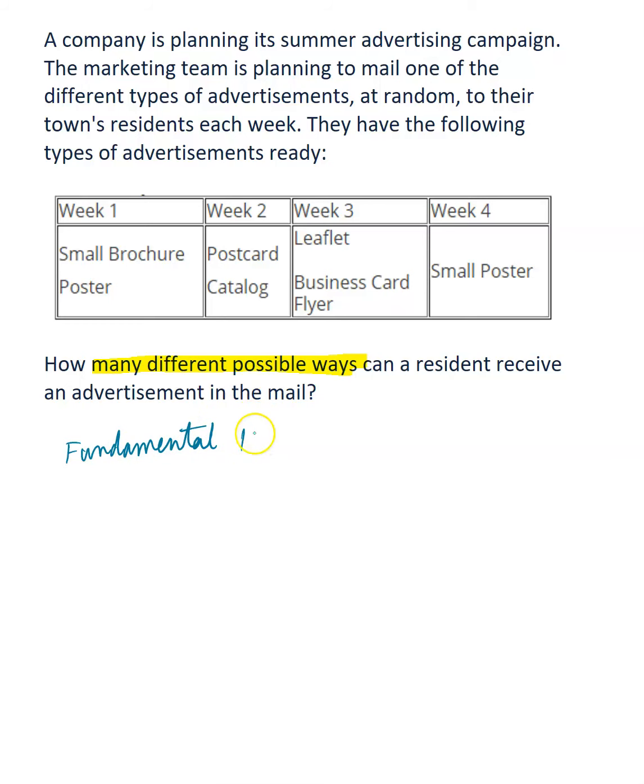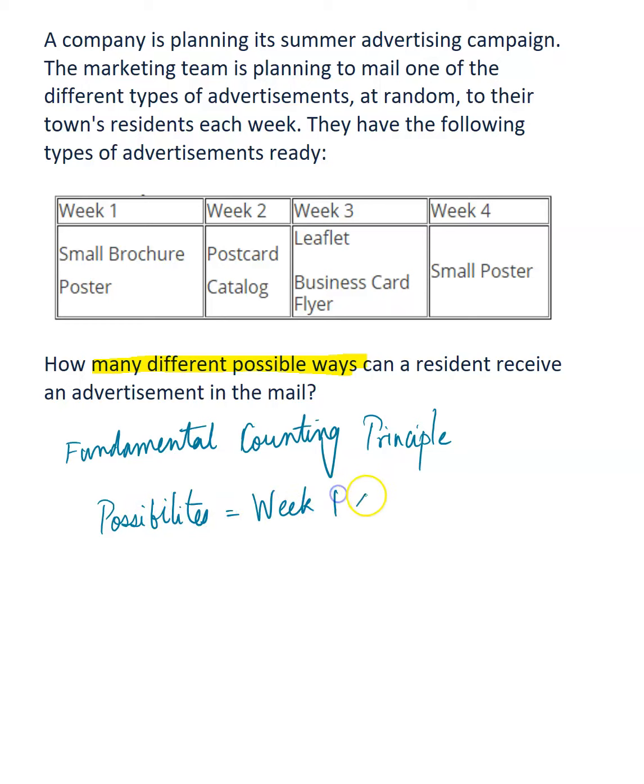So we are going to use not the tree diagram, but we can go directly for the fundamental counting principle. And according to that, you have to see if these are independent, meaning you don't have one dependent on the other, like the conditional probability. So we have basically the number of possibilities to be the number of possibilities in week 1 times the number of possibilities in week 2 times that in week 3 and times week 4.